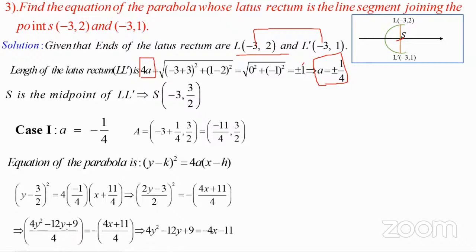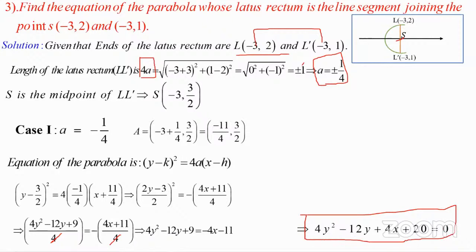Then these two 4s get cancelled and you solve that one. Then you will get 4y square minus 12y plus 9 equal to minus 4x minus 11. This is the required parabola equation for the given problem with the ends of the latus rectum. Okay.